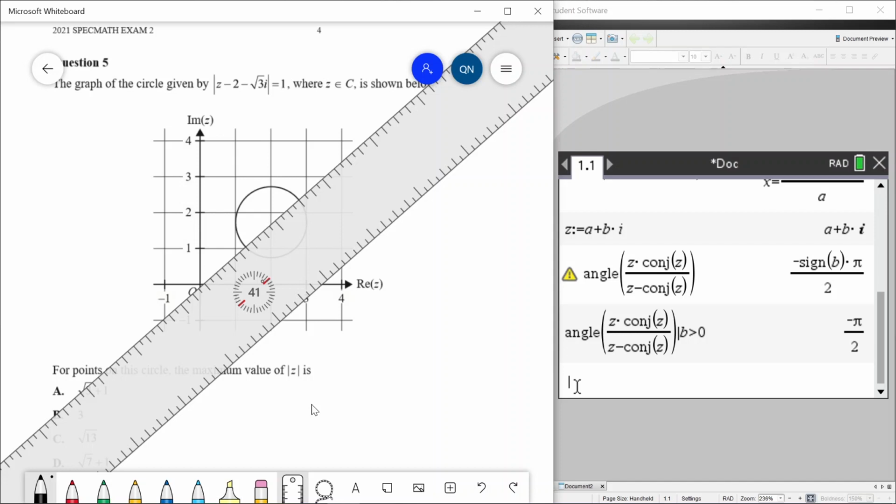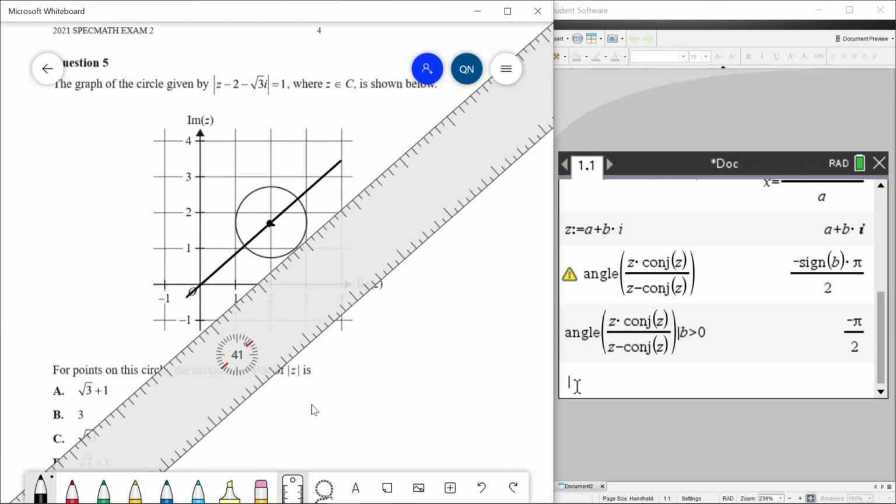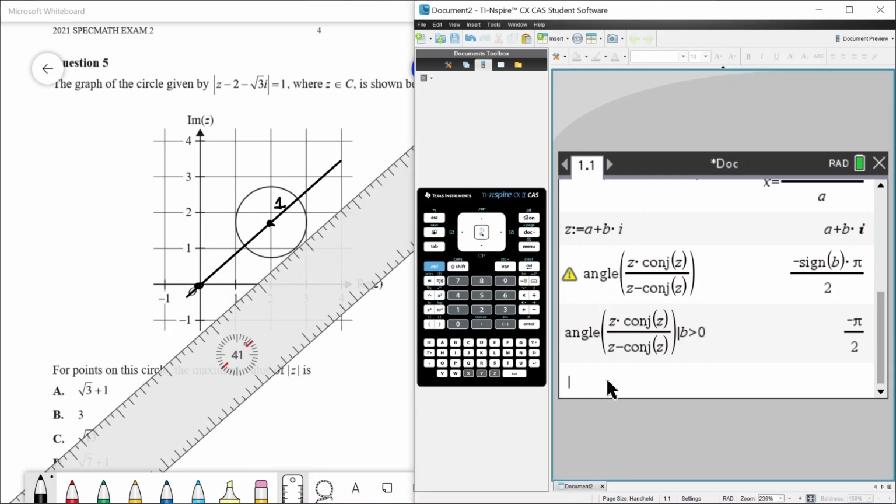You can tell that I've tried to record this previously, and I kind of messed things up a little bit, so I'm pre-recording it now because the ruler is in the exact perfect orientation, I guess. So you can draw a line through the center of the circle, and then you add on a 1 over here. So the question is, what is the distance between 0 and the center of the circle? That's not too tricky to figure out.